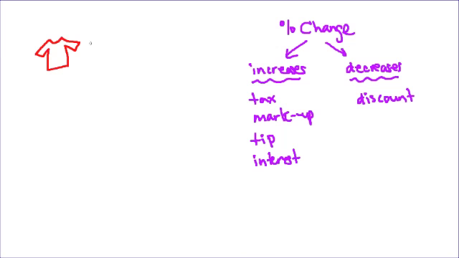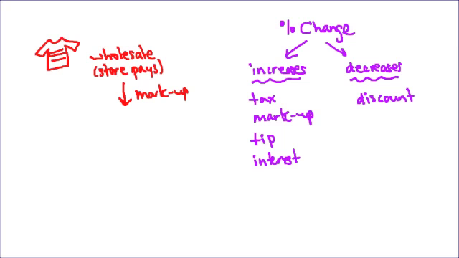When a store buys a t-shirt, what they're really doing is paying the wholesale price. That's the price that the store pays when they buy a particular item. The store then applies a markup percentage, which is an increase, even though the arrow is going down.